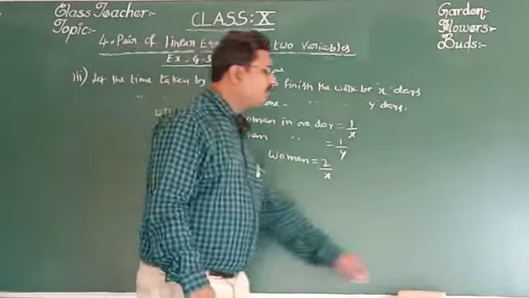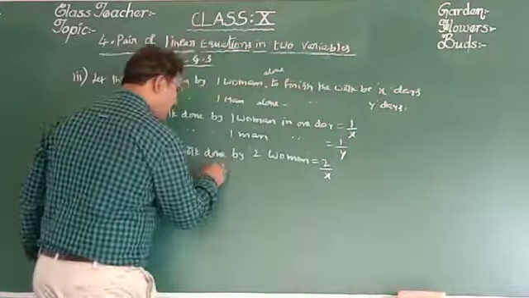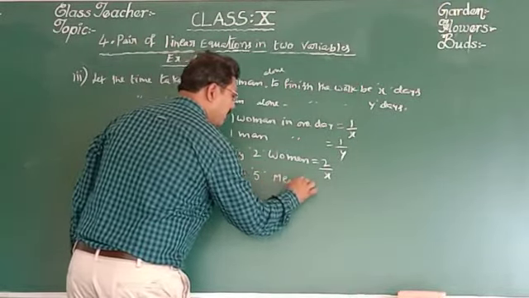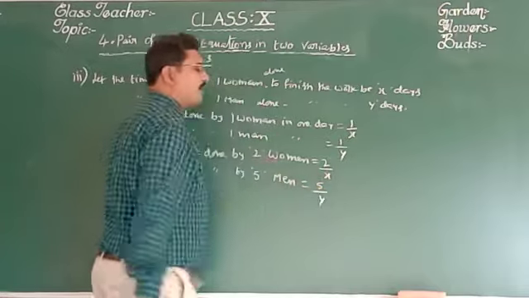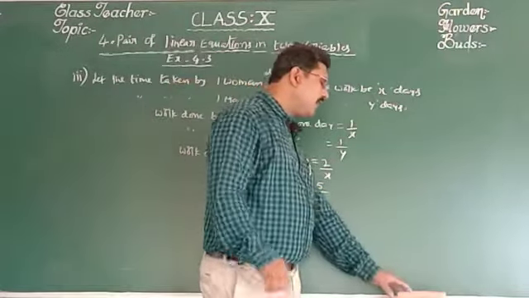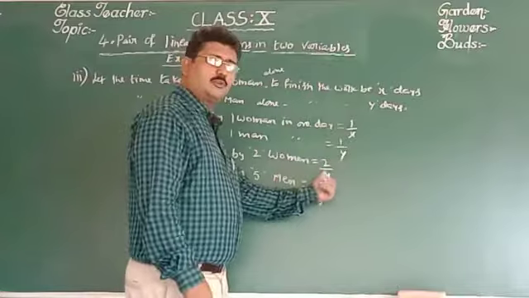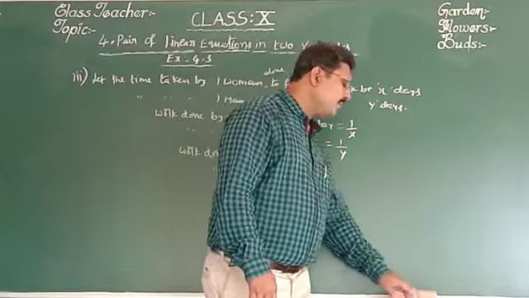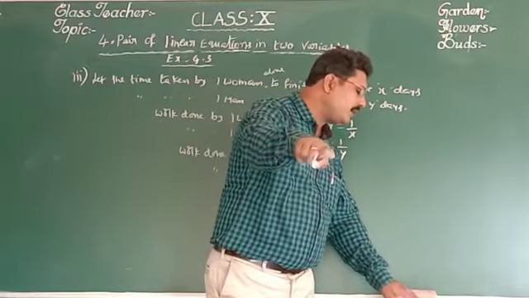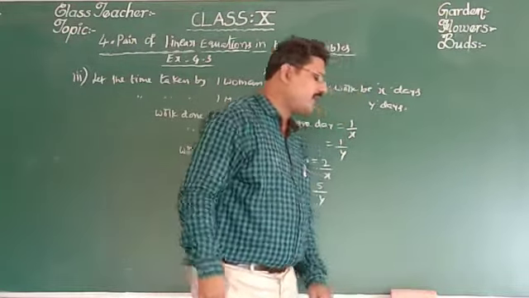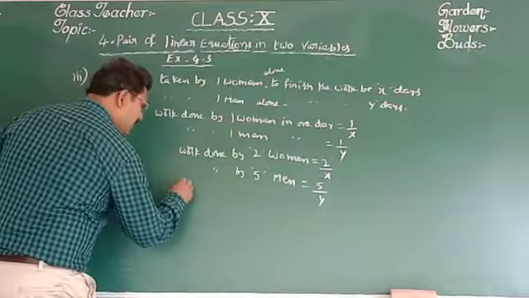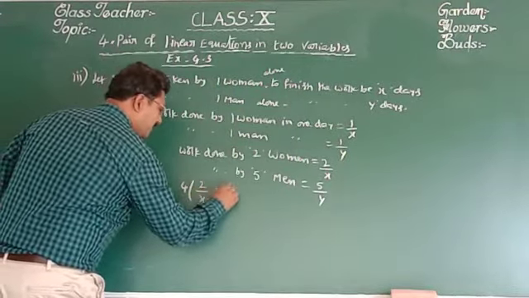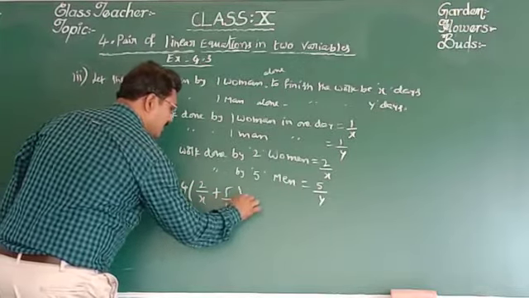Work done by 5 men in 1 day is equal to 5 by y. But 2 women and 5 men can together finish the work in how many days? 4 days. So 4 of 2 by x plus 5 by y is equal to 1.